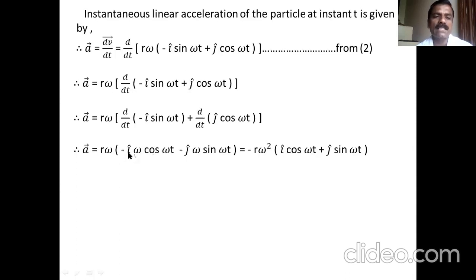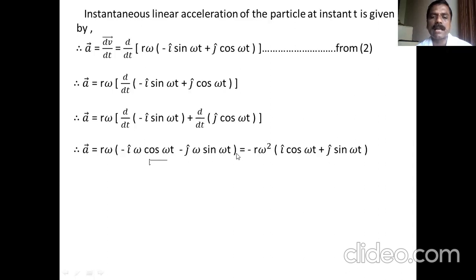So minus i cap omega cos omega t. Again, here j cap and omega are constant, and the derivative of cos omega t becomes minus sin omega t. So here again you will find the negative sign. Here is a negative sign and here is also a negative sign.